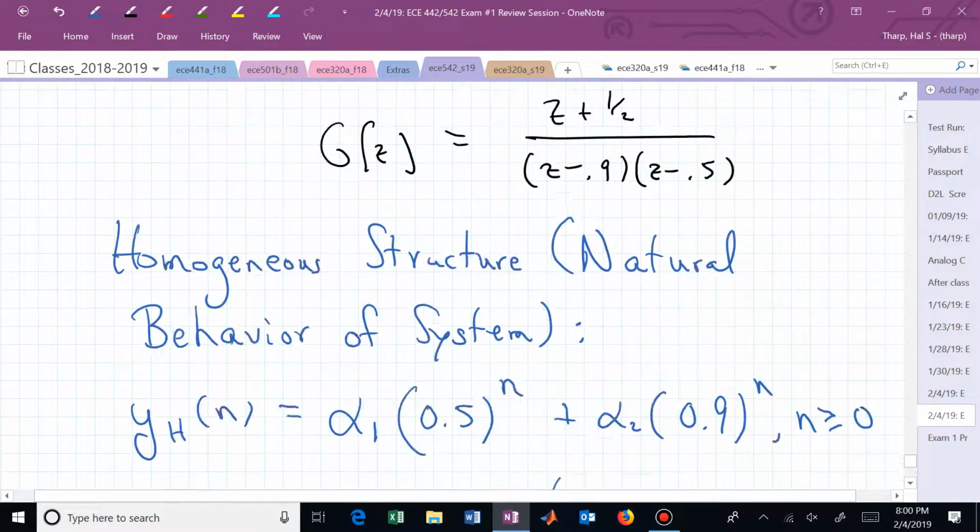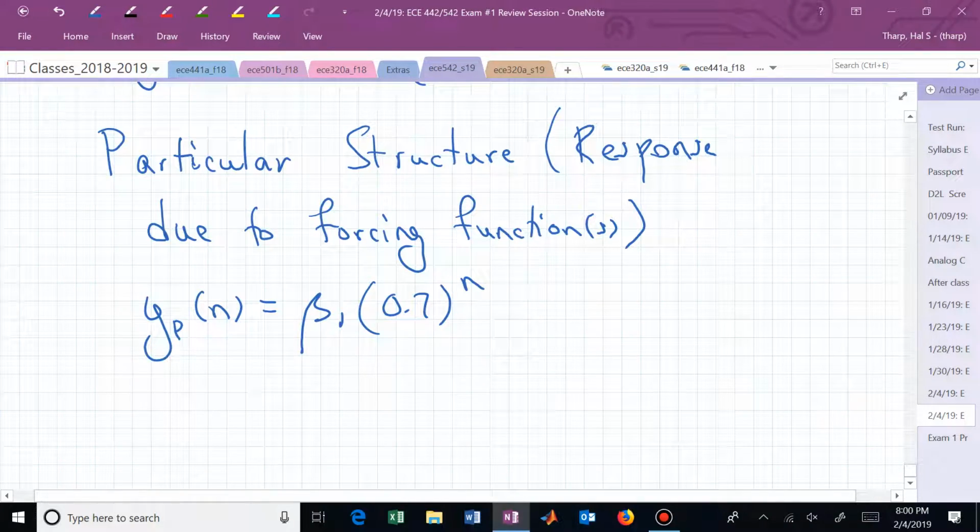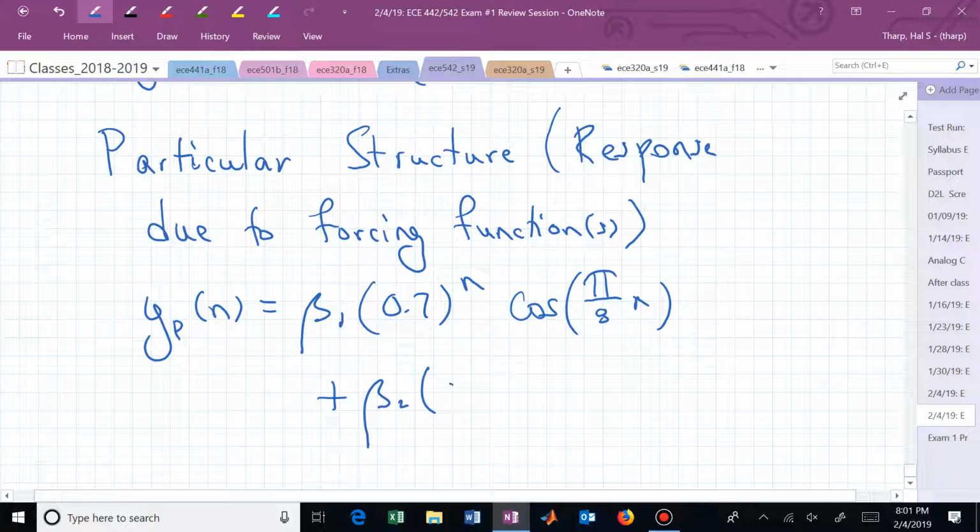We could then say that the particular would be a beta 1 0.7 to the n cosine of pi over 8 n plus a beta 2 0.7 to the n sine.